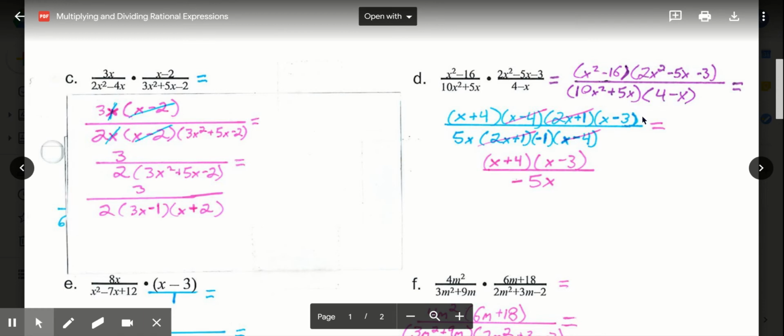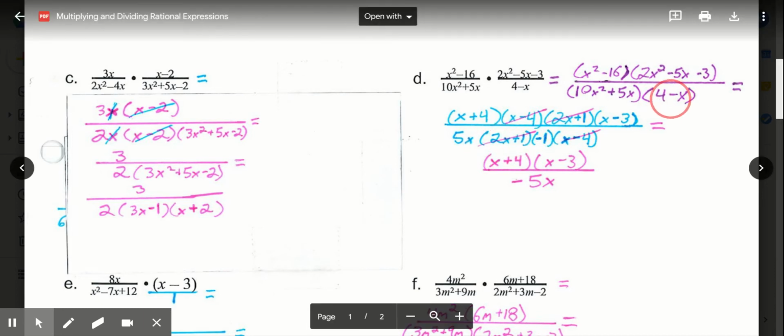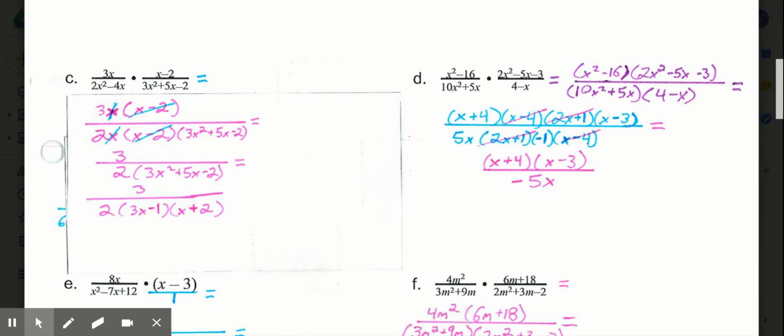And then if I do my factoring on bottom, the 10x squared plus 5x, I can factor out a 5x. So I have 5x times 2x plus 1. And then my 4 minus x, if I factor out a negative 1, that becomes x minus 4.